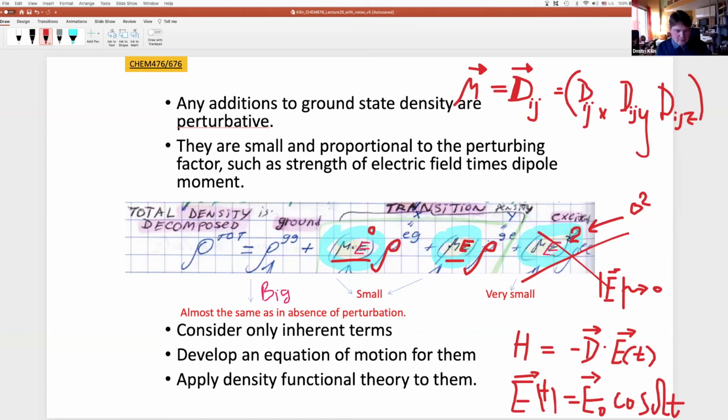And TDDFT theory is all about the transition density. So these little things: how the change to the total density due to light is introduced, how the light changes density. And already in this theory, one assumes that light only contributes to the transition density and neglects all other contributions.